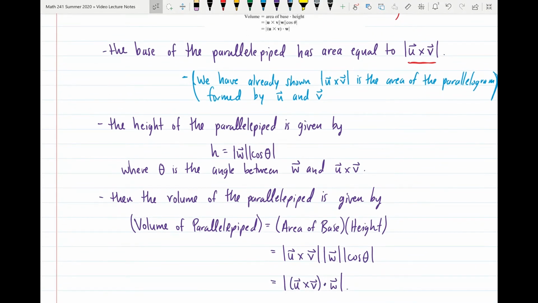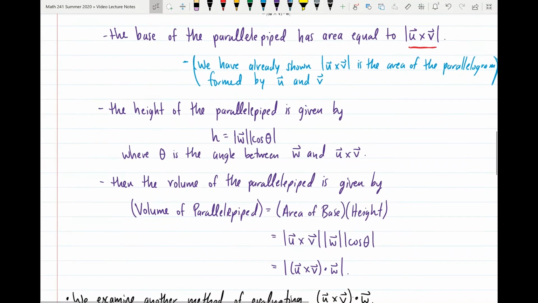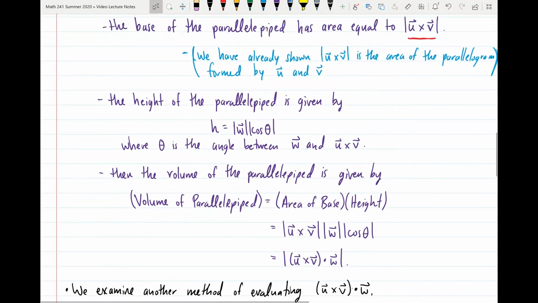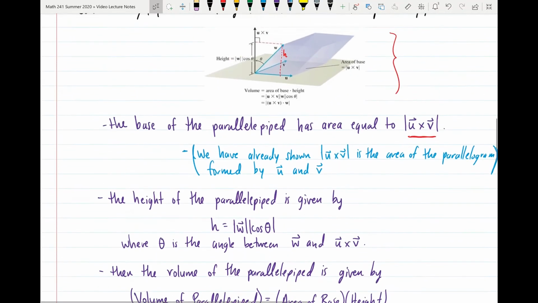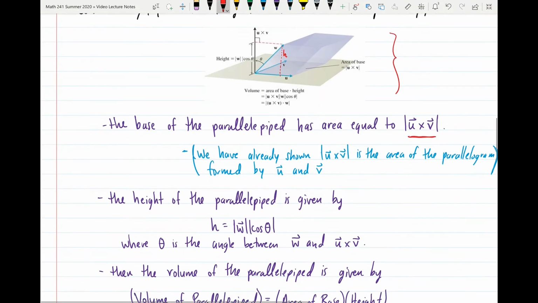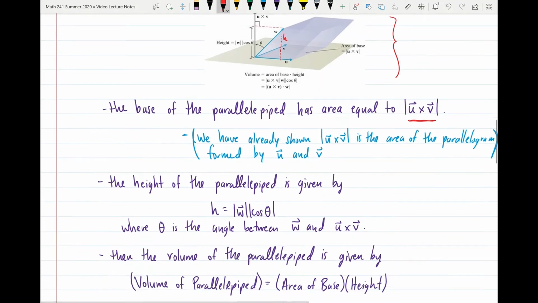So the volume of a parallelepiped is given by the area of the base, the parallelogram formed by u and v, multiplied by the height h.